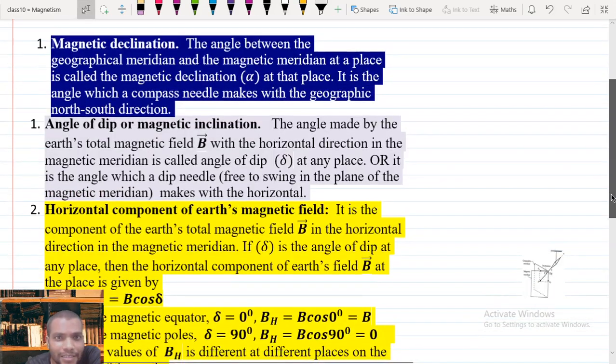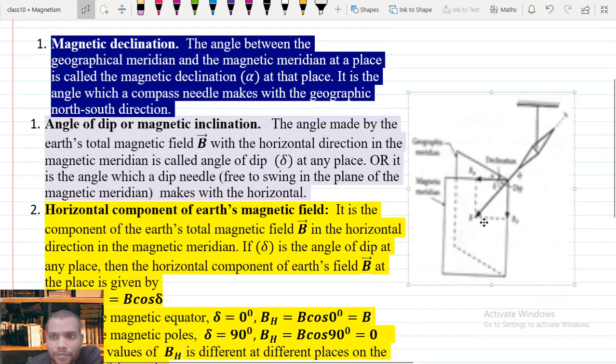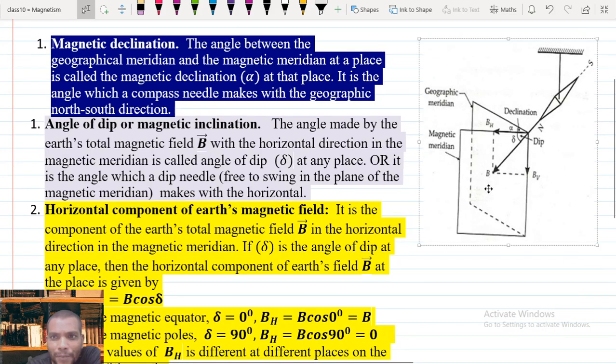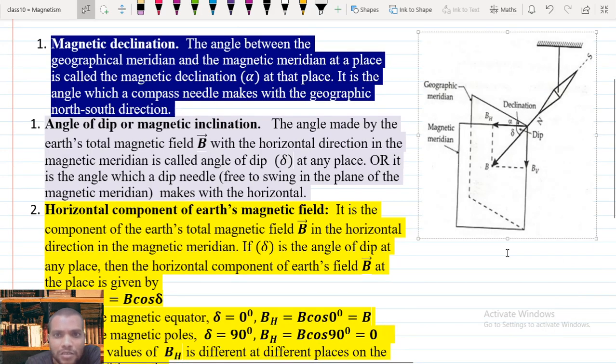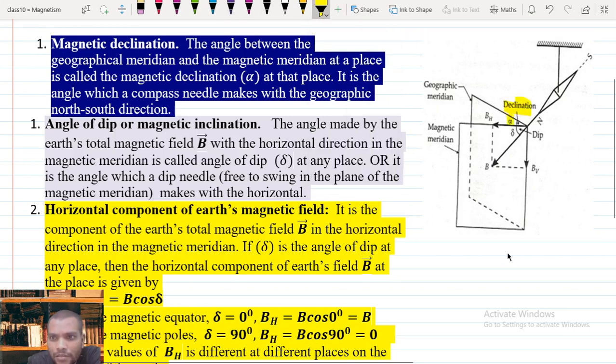Magnetic declination is the angle between the geographical meridian and the magnetic meridian. In the diagram, you need to draw two meridian planes. The angle between the two planes is known as the angle of declination.